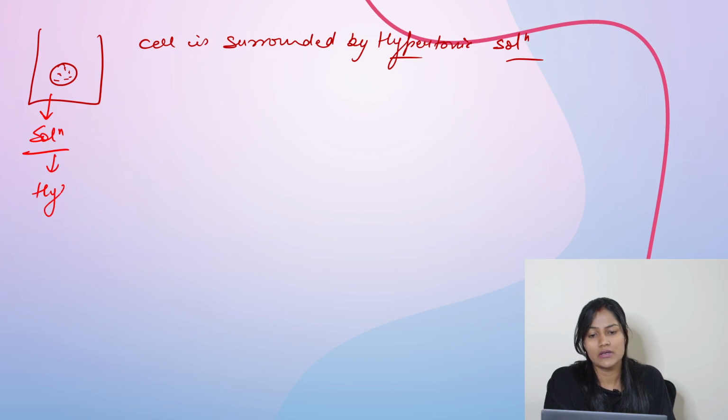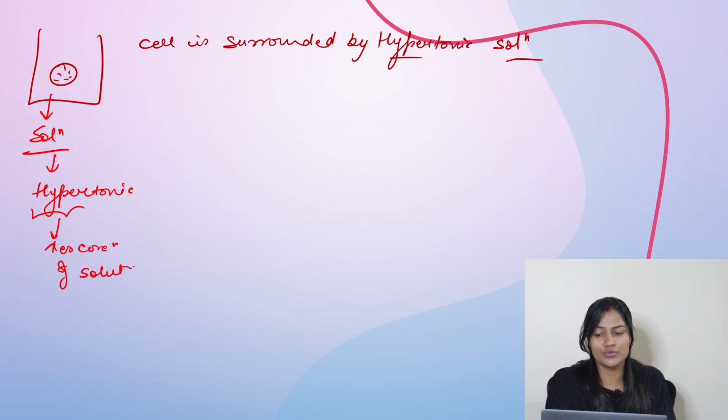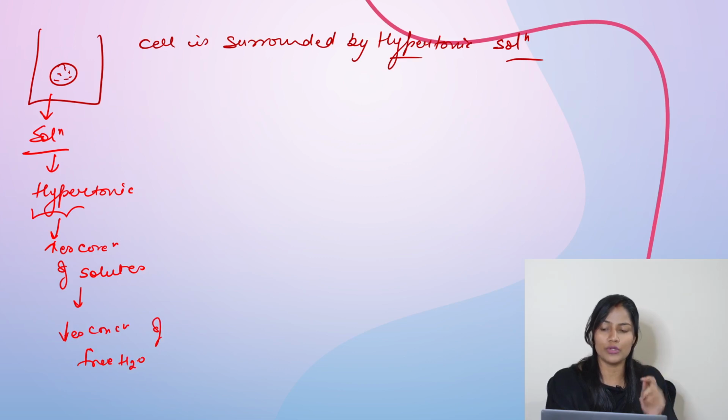It is hypertonic. Hypertonic means, kids, there will be presence of higher concentration of solutes. Yes or no? More concentration of solute means lesser concentration of free water molecules. Yes, free water molecules are less.